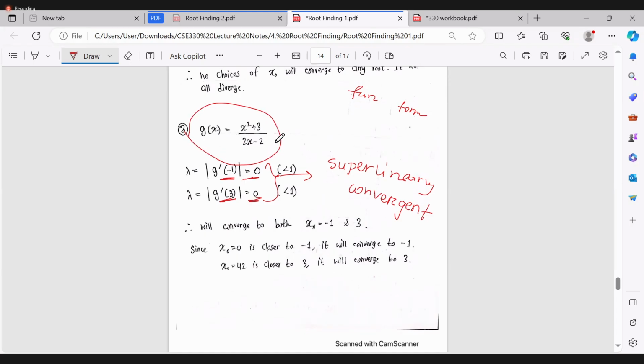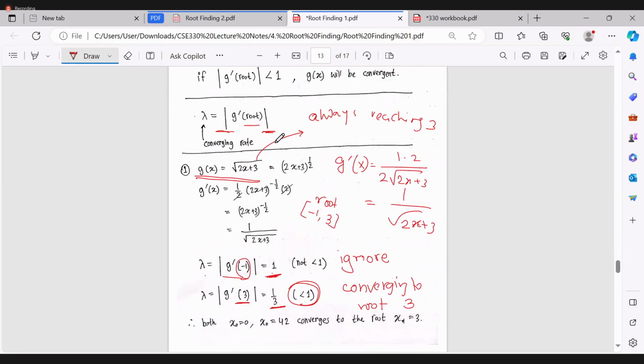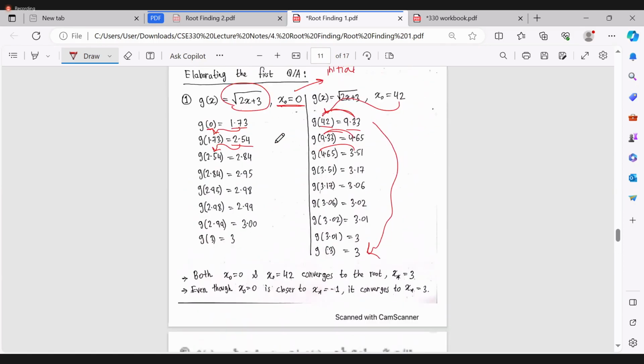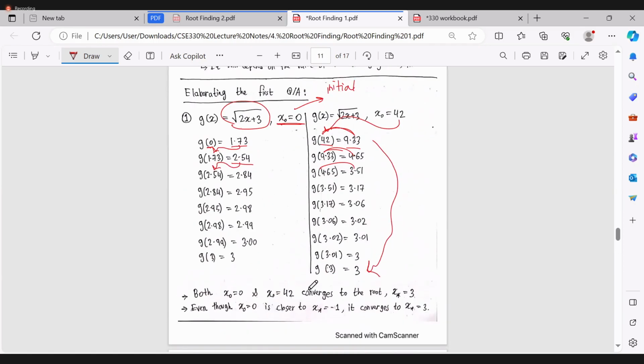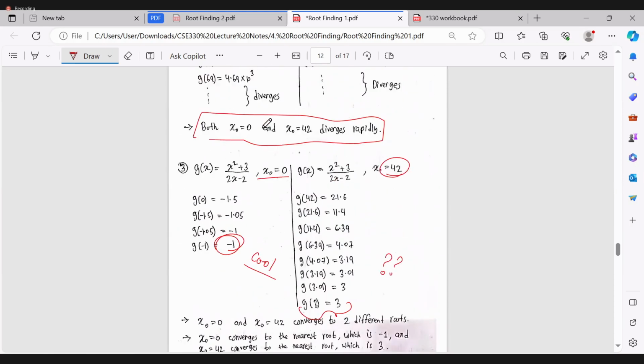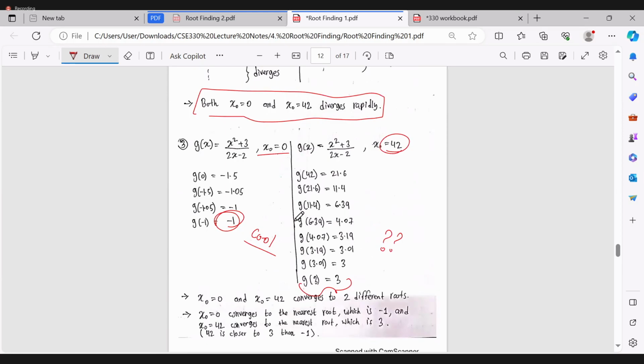So depending on the initial point, it will reach either root. What was happening here was that it went very quickly from 42 to 3, and from 0 to -1 even more quickly. Depending on the initial point, it reaches the root very fast. Since it reaches the root very fast, we call it super linearly convergent. Does it make sense?